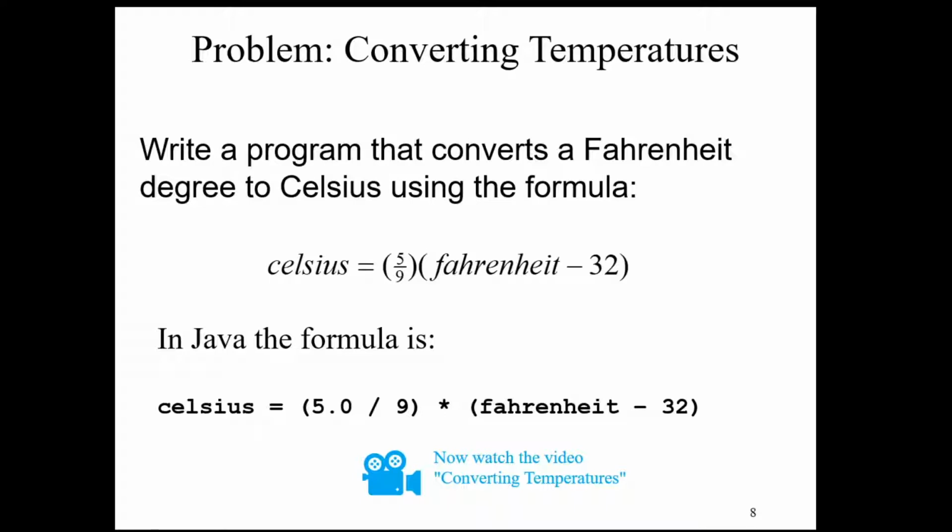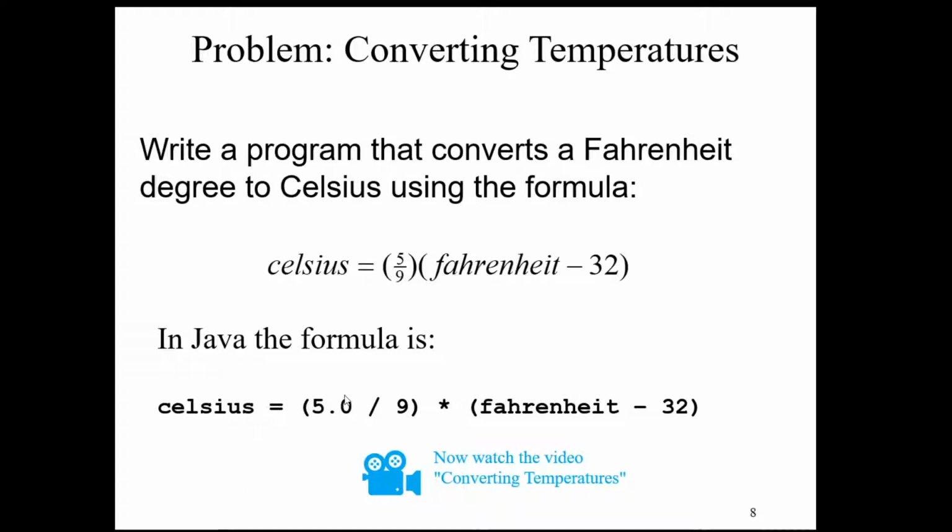If you write this formula in Java, it will look like this. Celsius equals 5/9. However, be careful here because if you write just 5/9, this will be an integer division. To prevent this, one of the numbers has to be a floating point number.